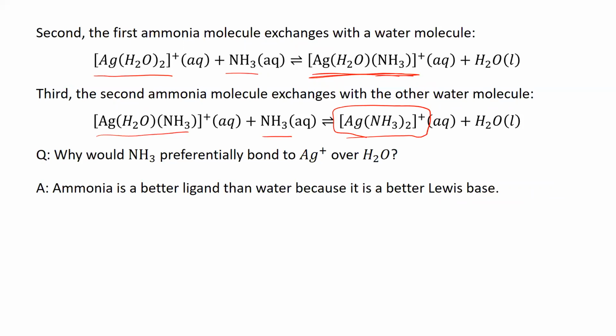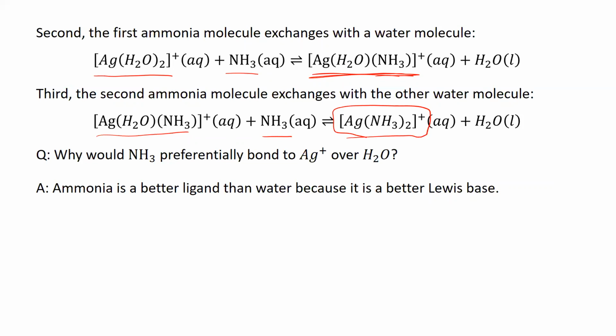There's a competition there for which type of molecule bonds to that silver ion. And that competition has to do with how good of a Lewis base that ligand is. So which is a better Lewis base, water or ammonia? And you can tell that for the most part based on how good it is as a Bronsted-Lowry base. Ammonia is a much better Bronsted-Lowry base than water is, right?